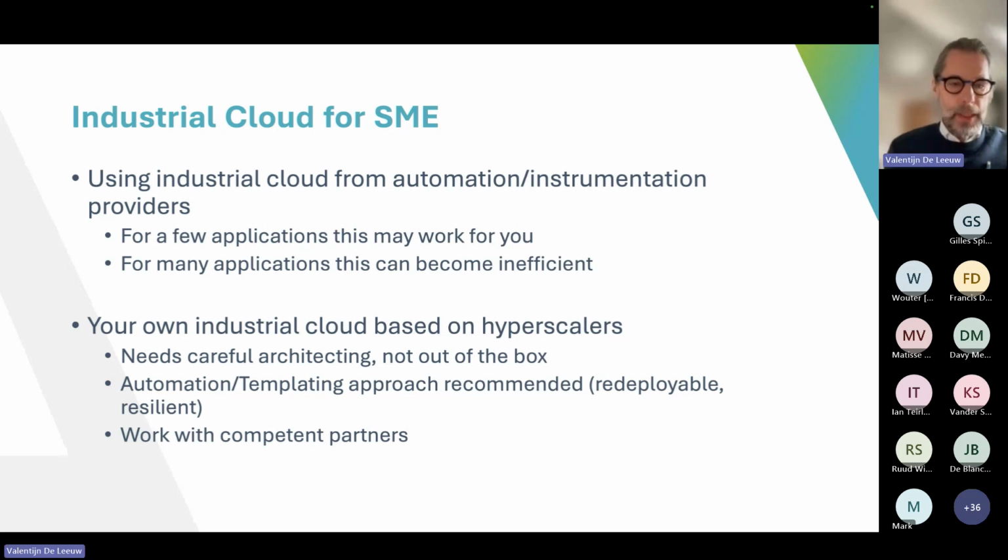And once you have that design, to use a templating approach so that you get consistency in the resources you deploy. And also apply automation so that you can redeploy an application. And if you do it in a modular way, you can actually redeploy components into different applications in a very consistent and repeatable way with little effort.